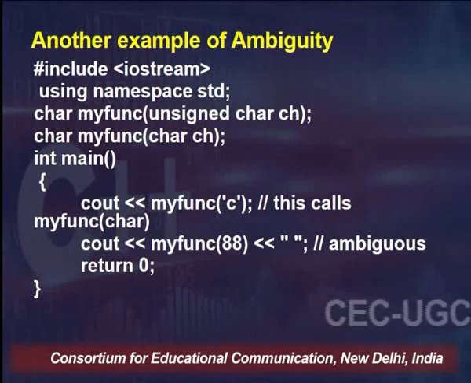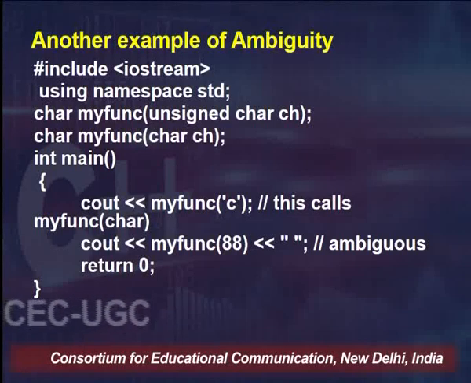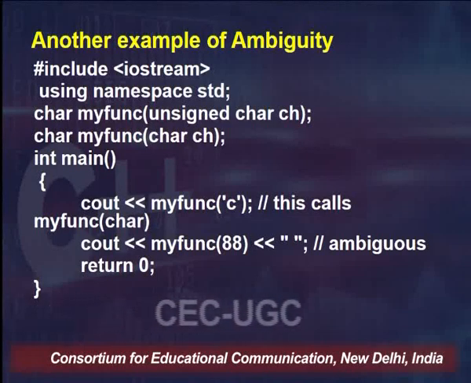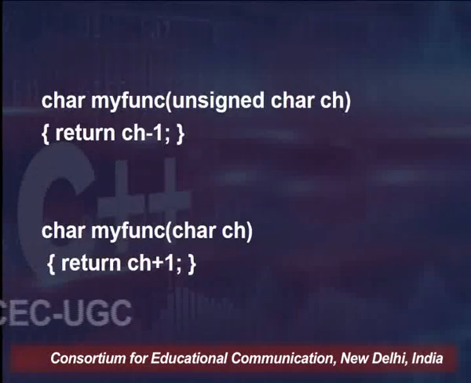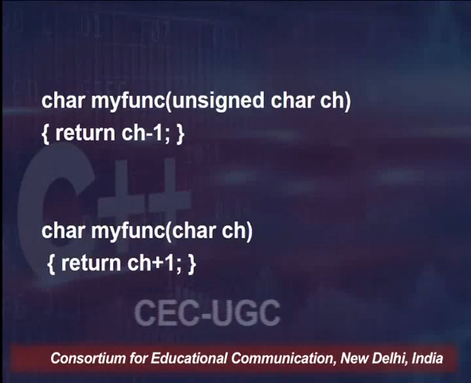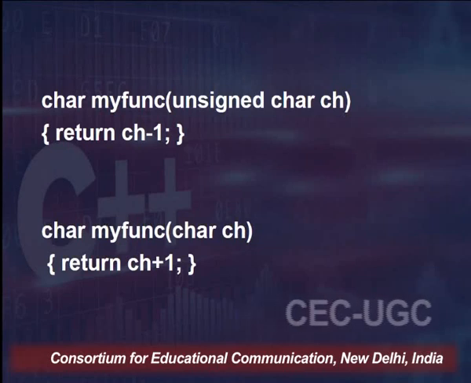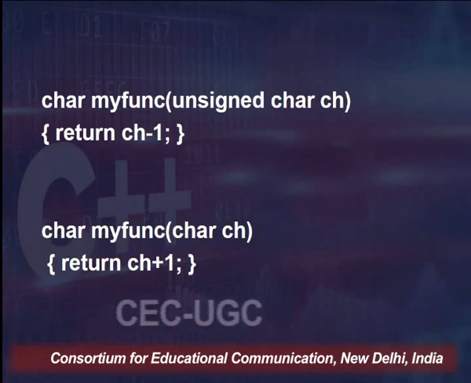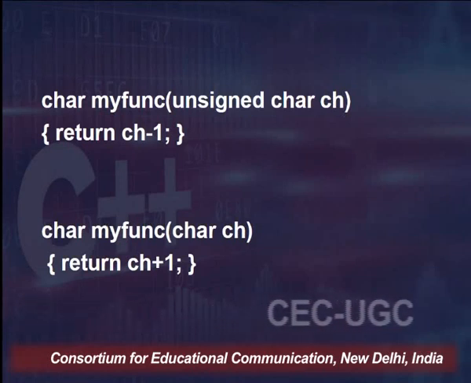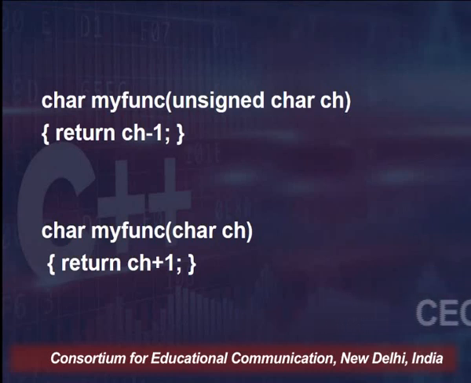Let us see what these functions are doing. By now you must have understood that this is an overloaded function by the name of myfunc. Wherever we pass an unsigned character, it is going to return the previous value, in the sense I am saying ch - 1, and wherever we pass only a character, it is going to return the successor value of that character, or we can say ch + 1.